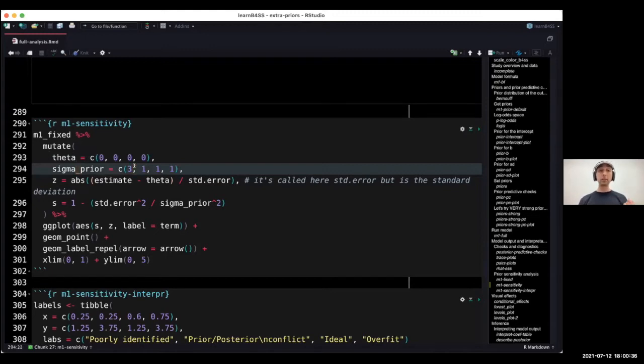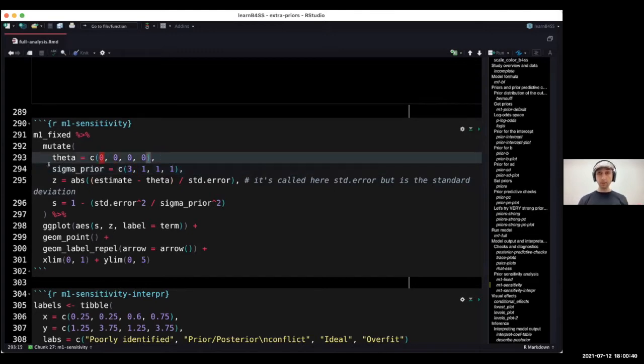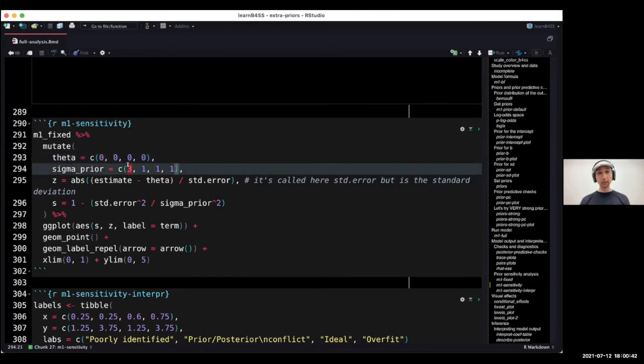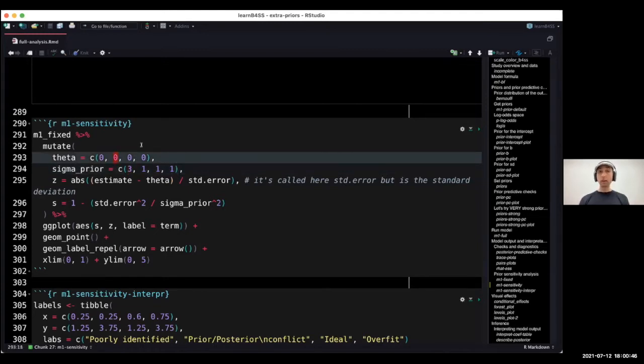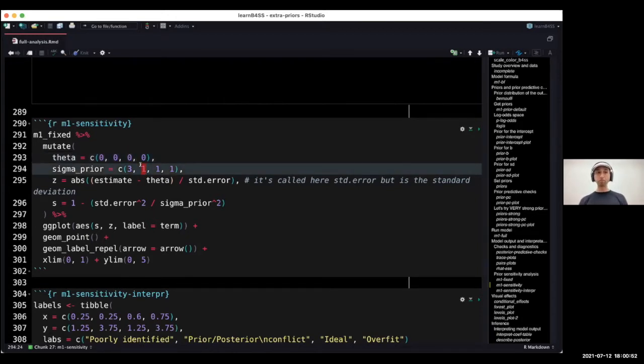And if you remember, we used a normal distribution with mean 0, standard deviation 3 for the intercept. And then for all the parameters of class b, we used mean 0 and standard deviation 1.